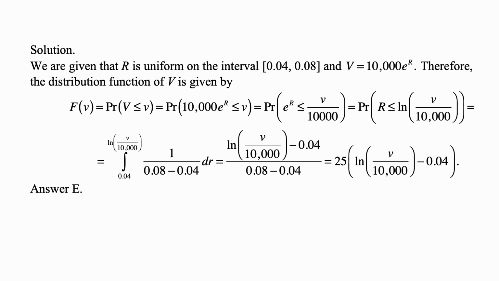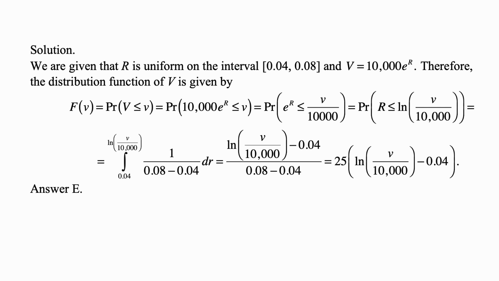We are given that R is uniform on the interval 0.04 to 0.08, and V is equal to 10,000 times e to the R. Then the cumulative distribution function of V is given by F of v equals the probability that V is less than or equal to v, which is the probability that 10,000 e to the R is less than or equal to v, which is the probability that e to the R is less than or equal to v over 10,000, which is the same as the probability that R is less than or equal to the natural logarithm of v over 10,000.